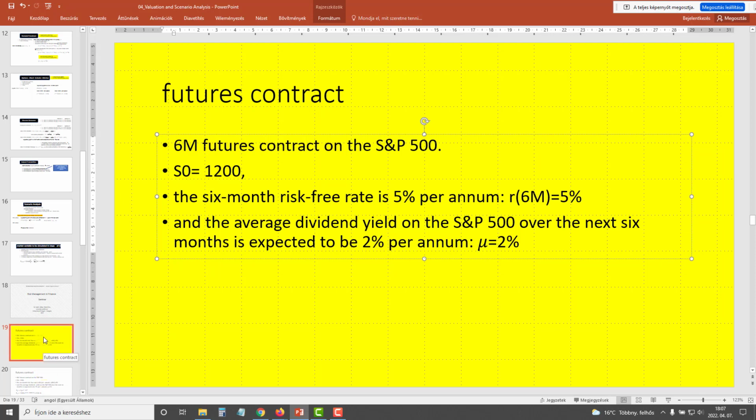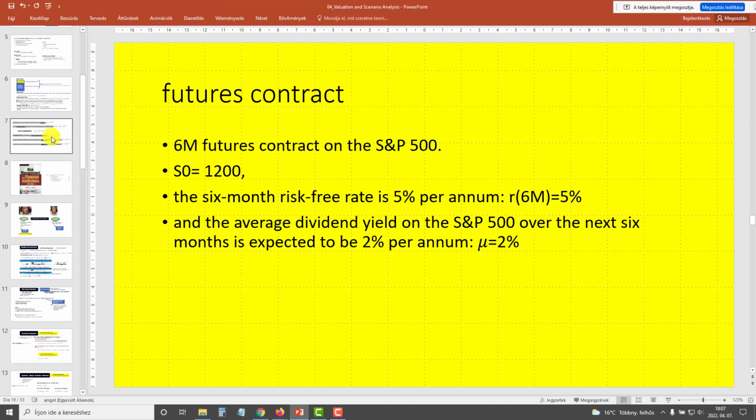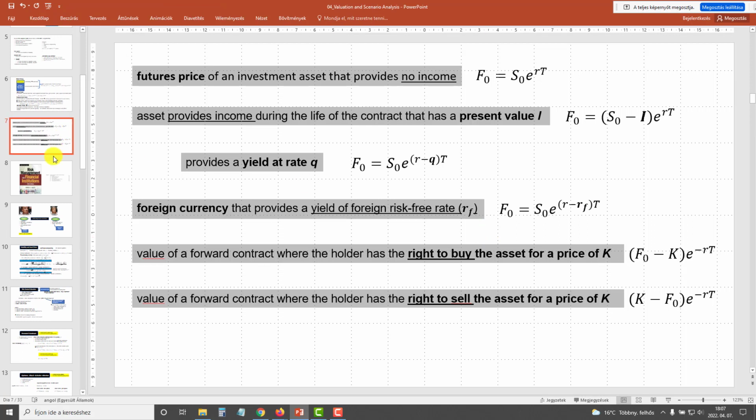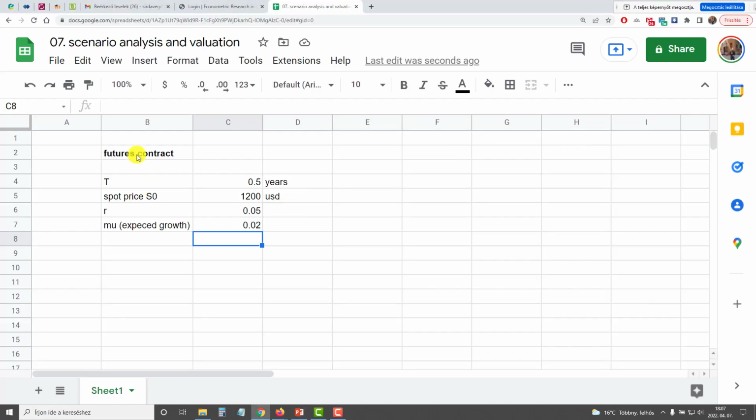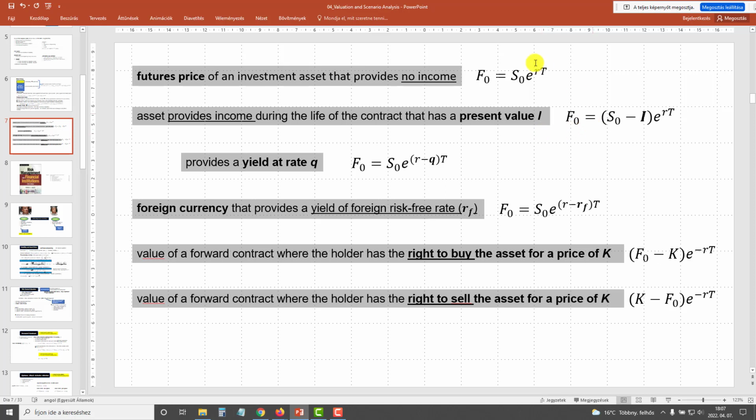So how can we solve this? Of course, we have to jump back to the equations. We have to talk about futures contracts.